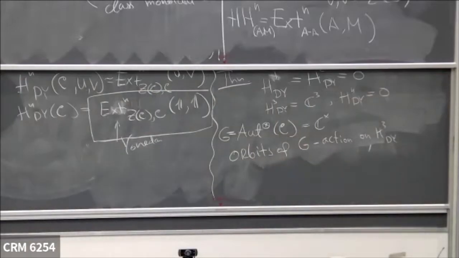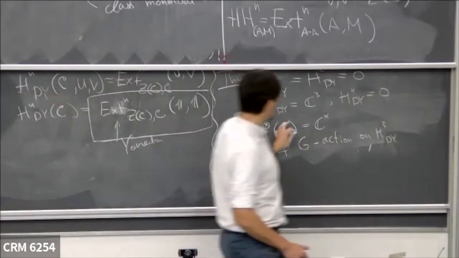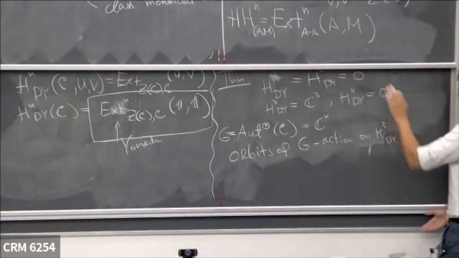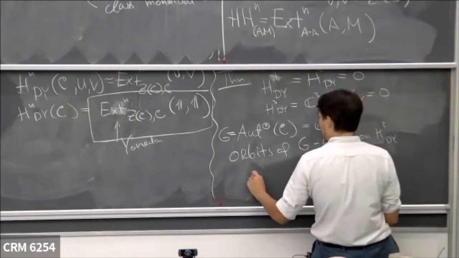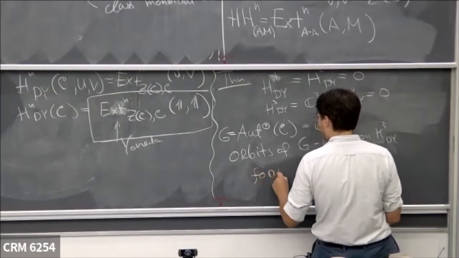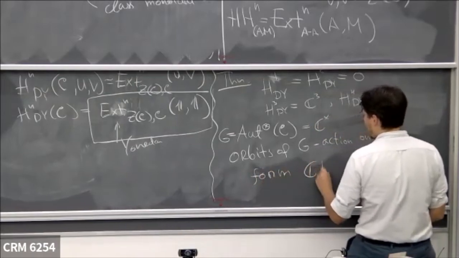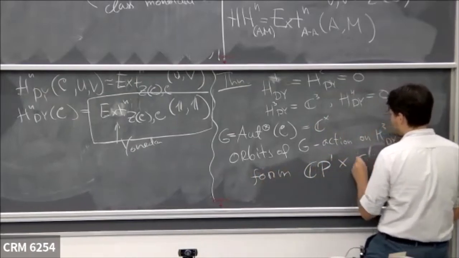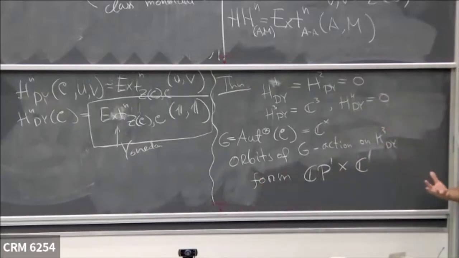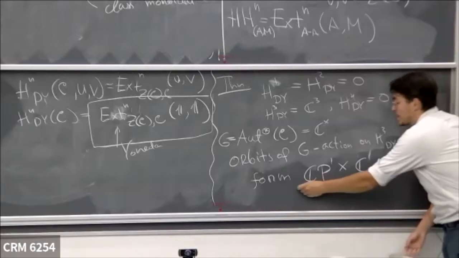This should be 3, sorry, right, because the third cohomology classifies. So the orbits of the G action on H3 dy for this restricted quantum group form a complex variety, CP1 cross C. So we have two complex parameters of actual honest deformations, and none of them are equivalent to each other. So they are non-equivalent deformations. We have as many as these.